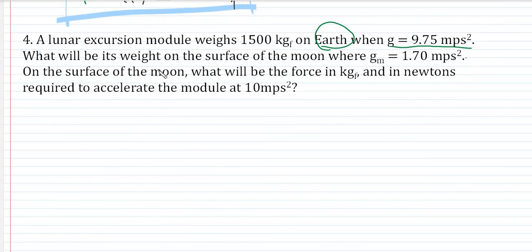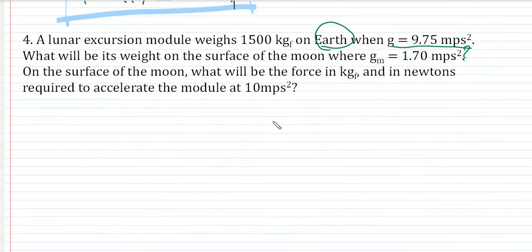What will be its weight on the surface of the moon, where the gravitational acceleration of the moon is 1.70 meters per second square? Second question, on the surface of the moon, what will be the force in kilogram force and in Newton required to accelerate the module at 10 meters per second square?